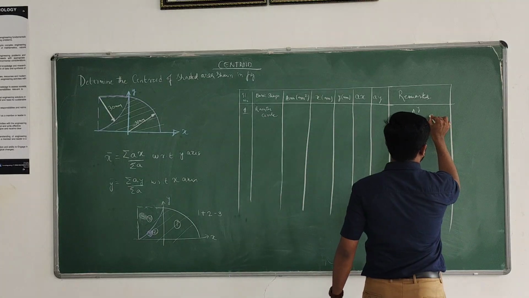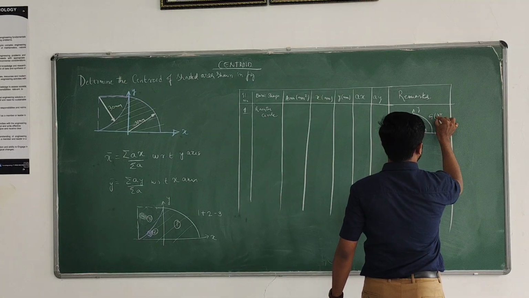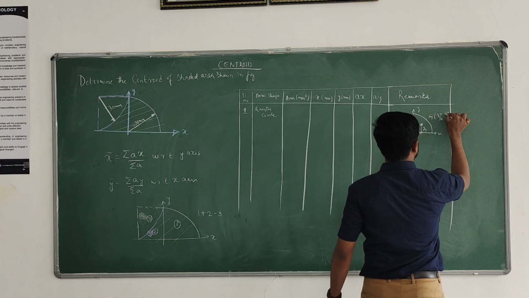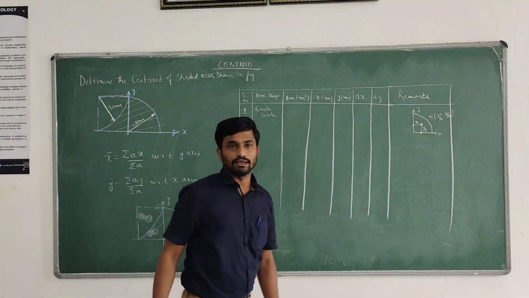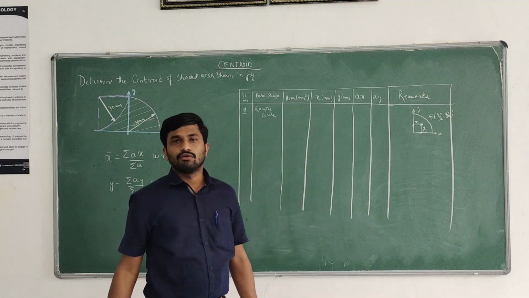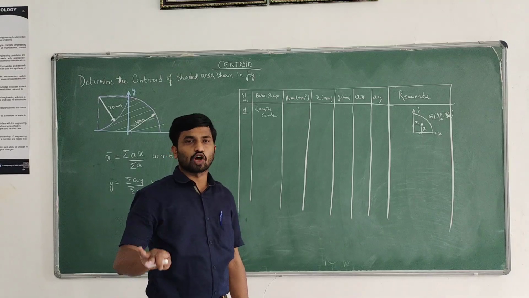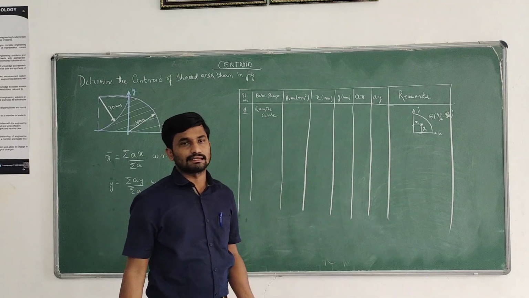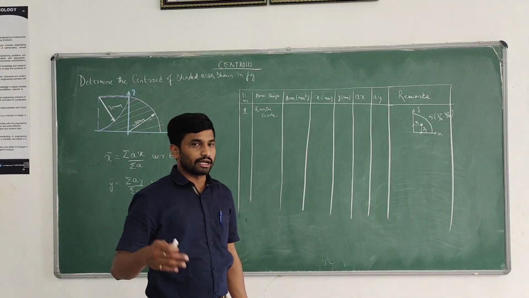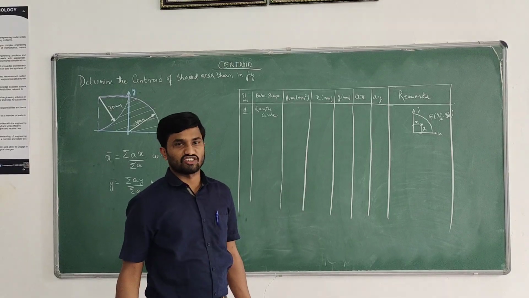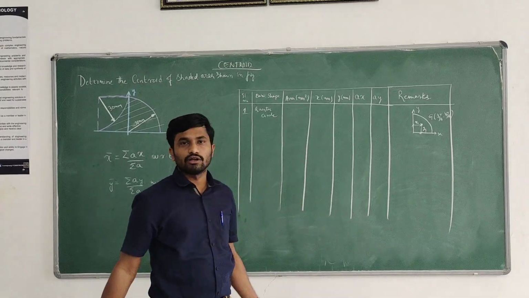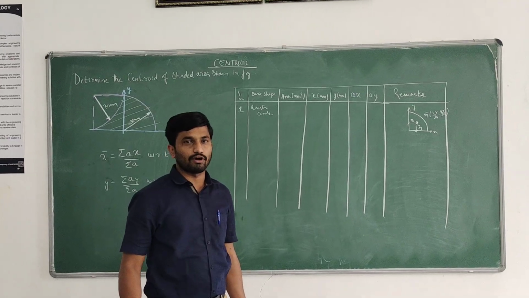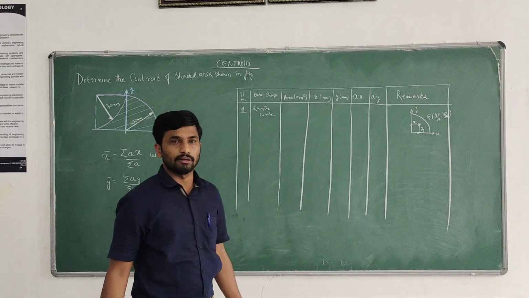What is the centroid value for quadricircle? 4r by 3 pi, 4r by 3 pi. So the centroid x, y for quadricircle is 4r by 3 pi and 4r by 3 pi. We have already discussed these formulas when deriving the expressions.